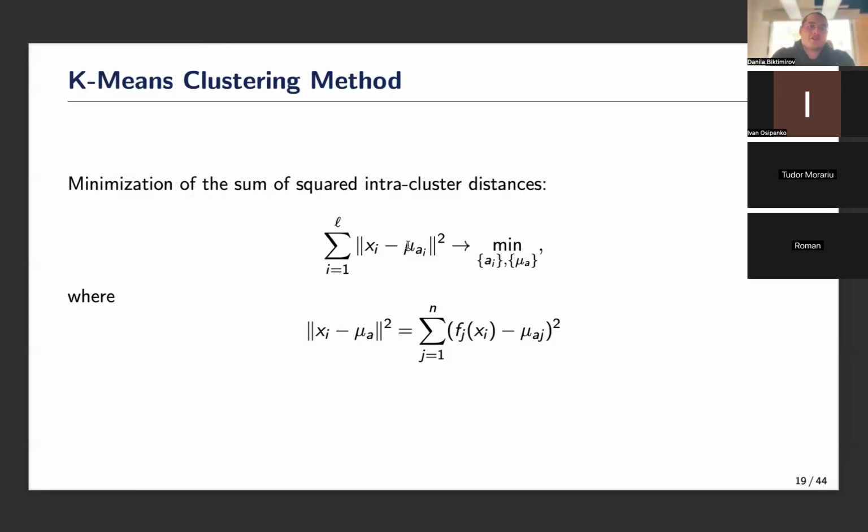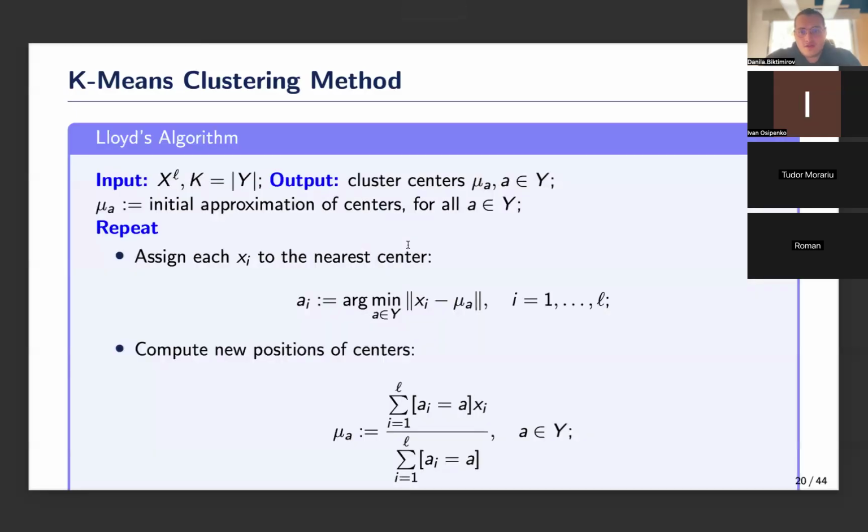The Lloyd algorithm is the standard optimization method for solving this problem in R^n, assuming that objects X and cluster centers are vectors.